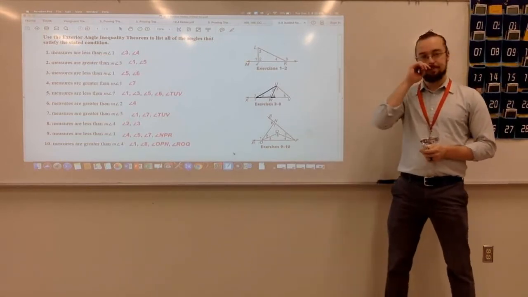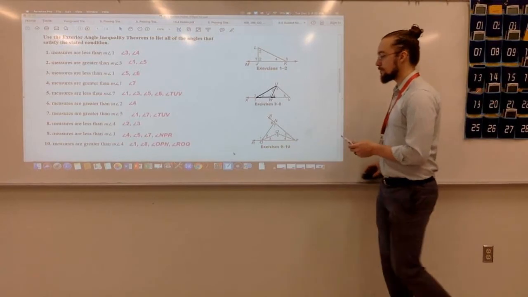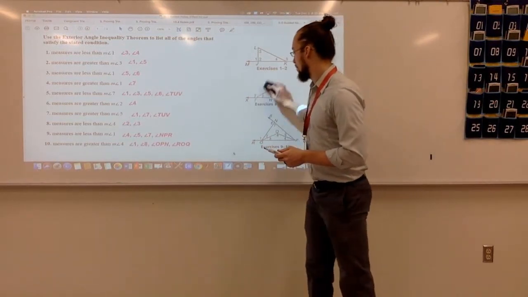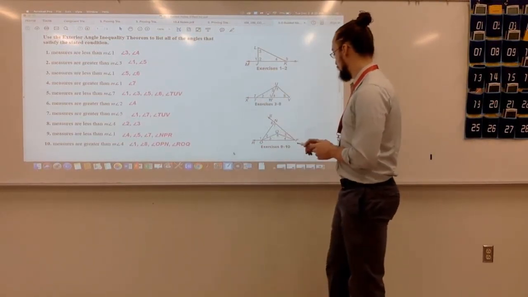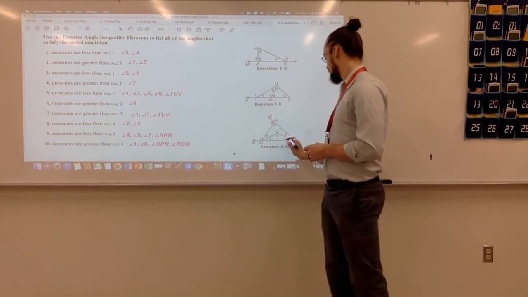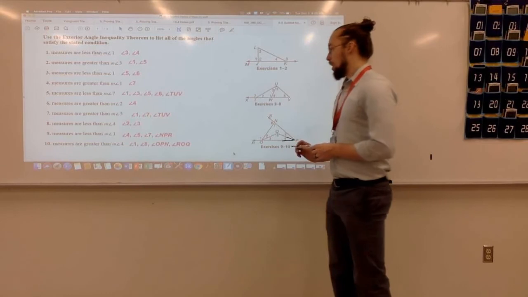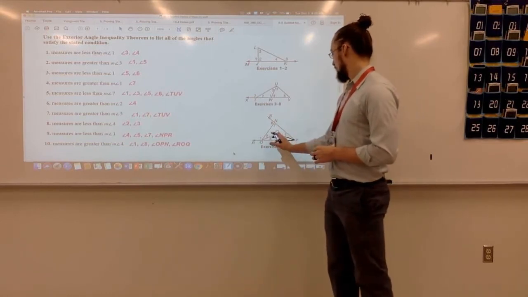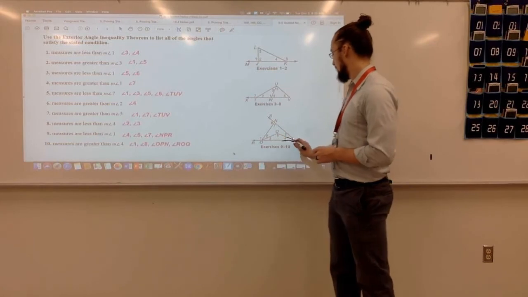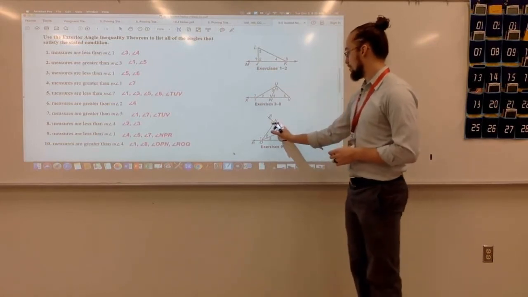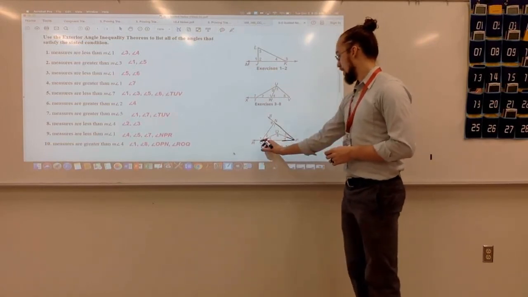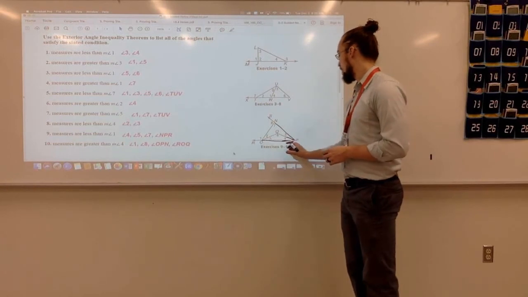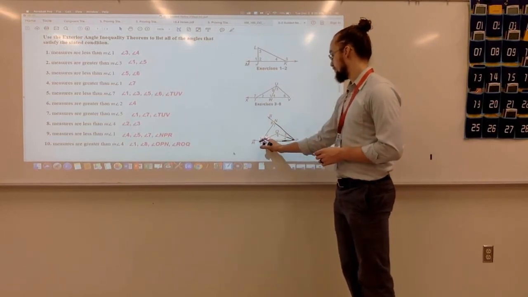So on this one, we want angles greater than 4 down here. Well, angle 4 is actually part of angle NPO here.